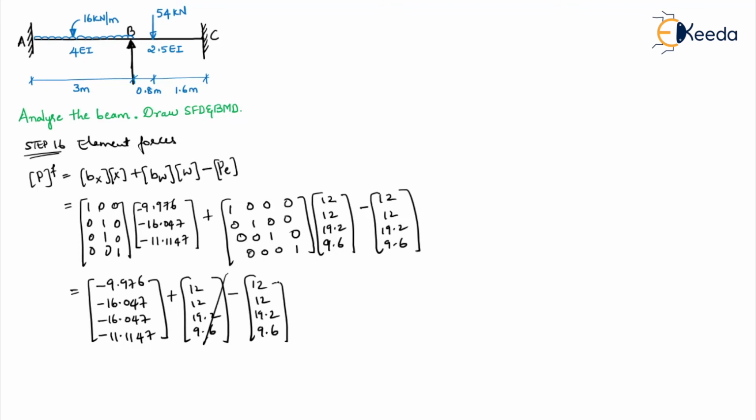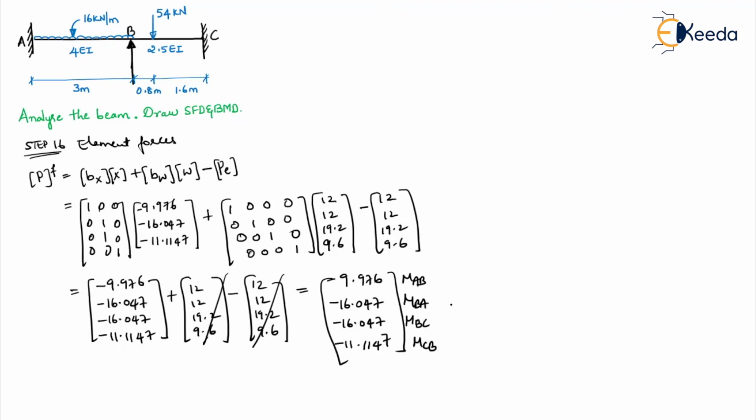This is plus and minus, right? So your final PF will be 9.976, minus 16.047, minus 16.047 and minus 11.1147. Okay, this is your MAB, this is your MBA, MBC and MCB.